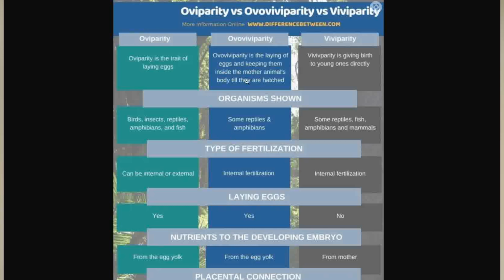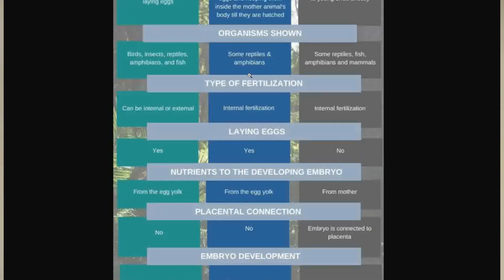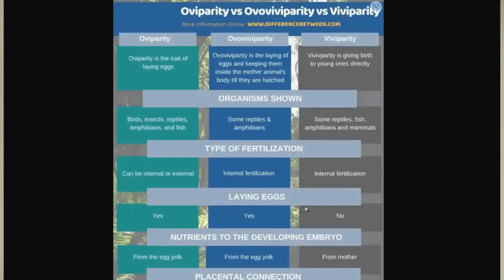That is when eggs are laid and kept inside the mother's body till they are hatched. So in the case of ovoviviparity, the eggs are kept inside the body of the female organism, and nourishment is derived from the egg yolk. If you consider this table, you see further explanation on this concept of ovoviviparity. But what is important is to understand the definitions of these key terms.